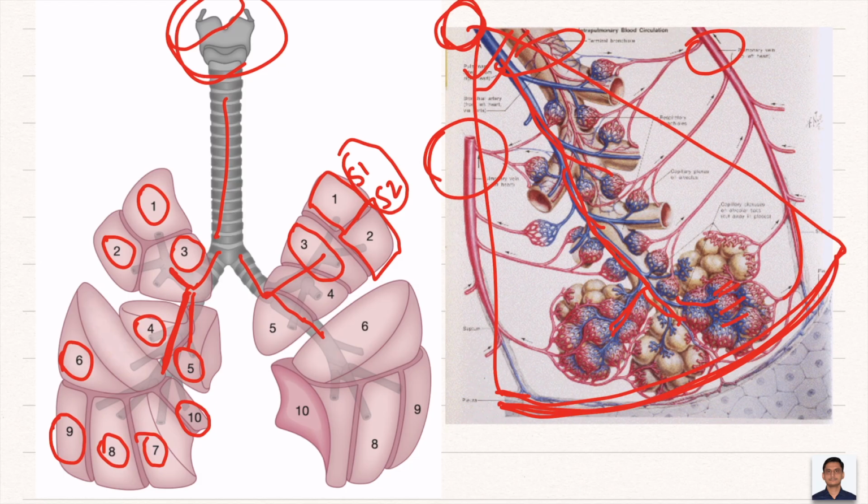Additionally, the lingula of the left lung, this is the lingula of left lung, is present in the upper lobe of the left lung, and it has two segments, that is the S4 and S5. S4 is the superior lingular segment and S5 is the inferior lingular segment.